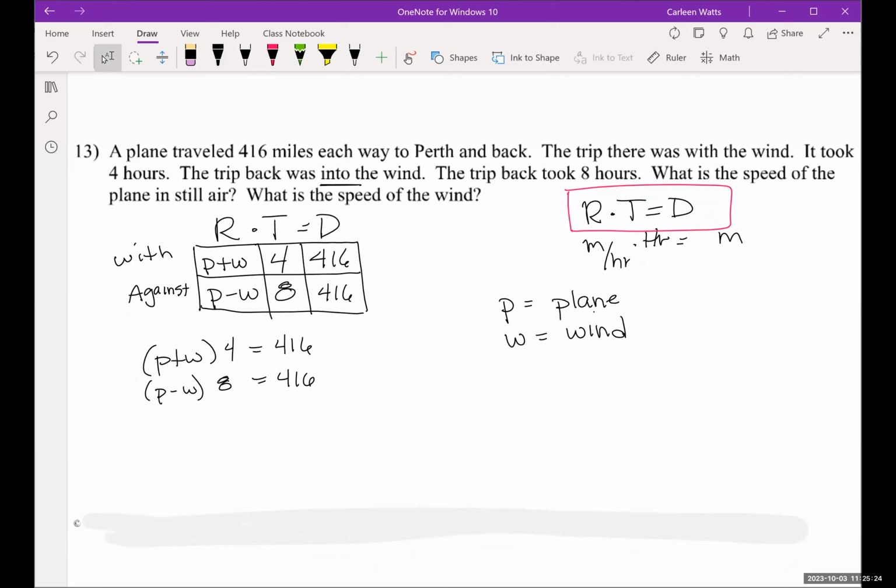There's a shortcut right here. I'm gonna distribute the 4. So I have 4P plus 4W is 416. Do you see the shortcut? I'm gonna distribute right here. 8P minus 8W equals 416.